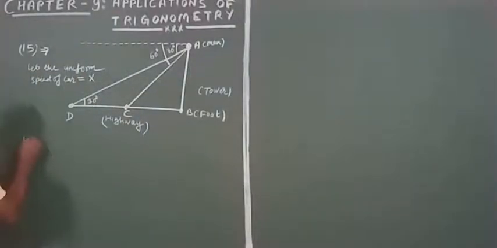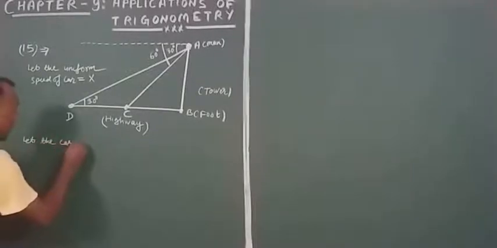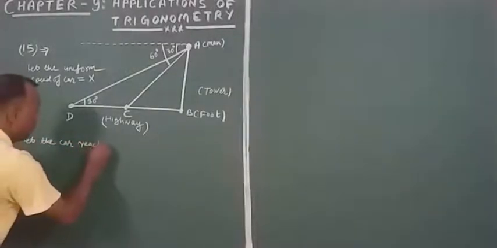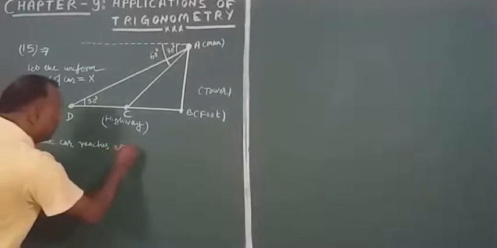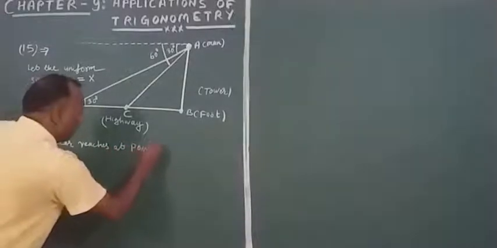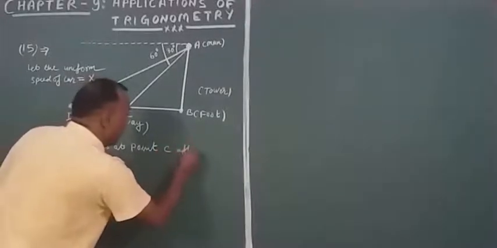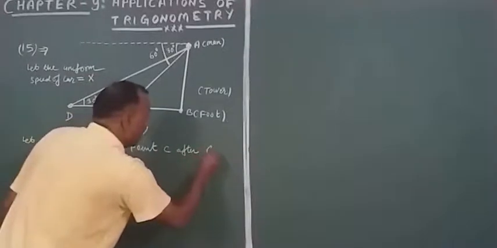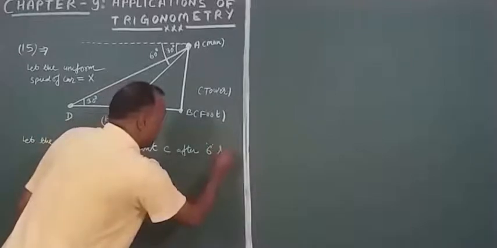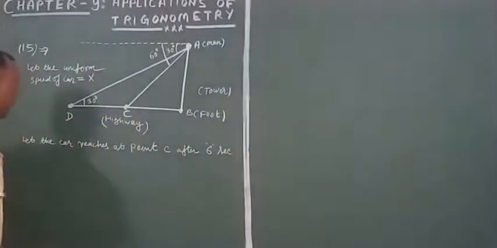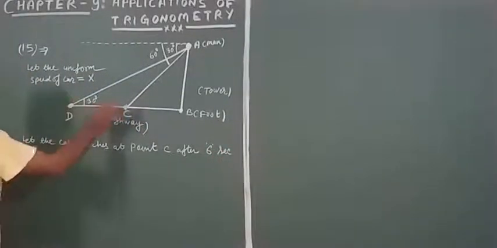And 6 seconds later, the angle of depression of the car is found to be 60 degree. Let the car reach at point C after 6 seconds. कार 6 सेकंड में D से C पे पहुंची.